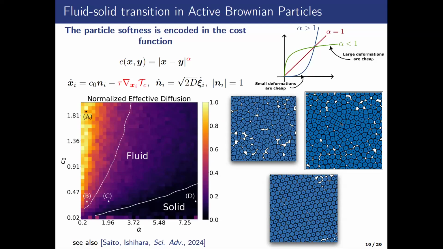I want to fix the tessellation and optimize the xi for the same tessellation, taking the same cost.